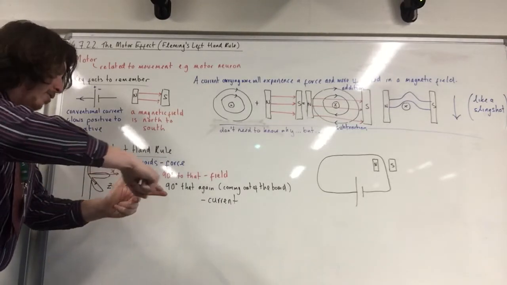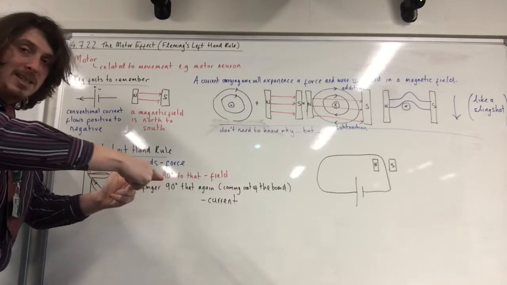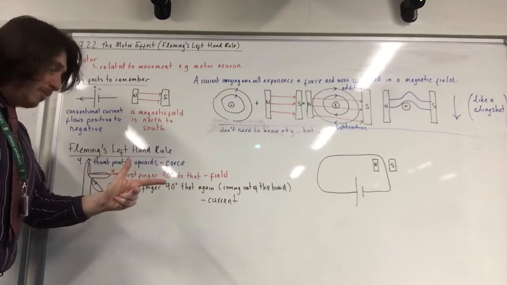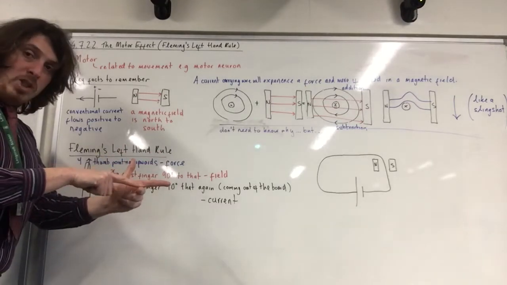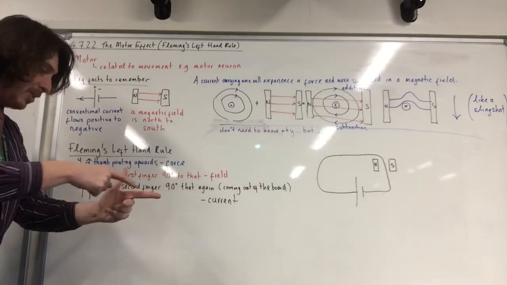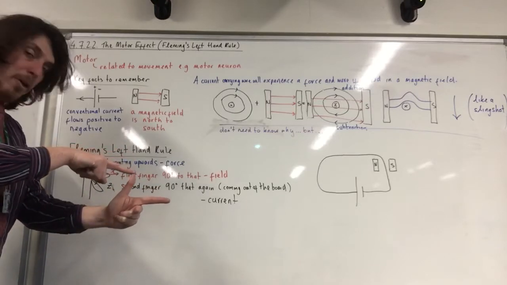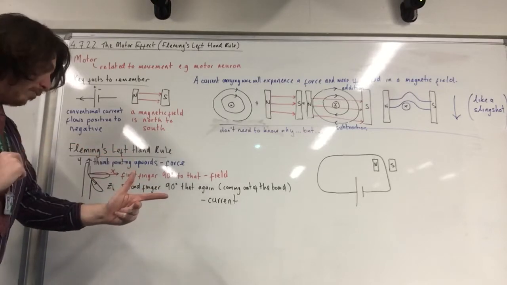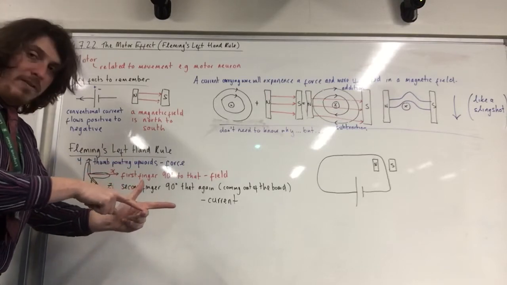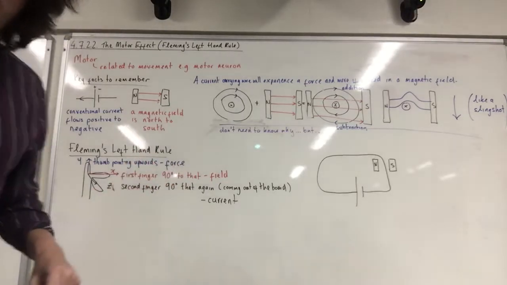The first finger represents field, and I've placed that 90 degrees to this, okay, and that represents the direction of the magnetic field. And the current, which is the finger pointing towards you, which again is 90 degrees perpendicular to the finger above, represents the current. So thumb represents motion. First finger represents field, and the second finger represents current. And you can use that notation in your exam.